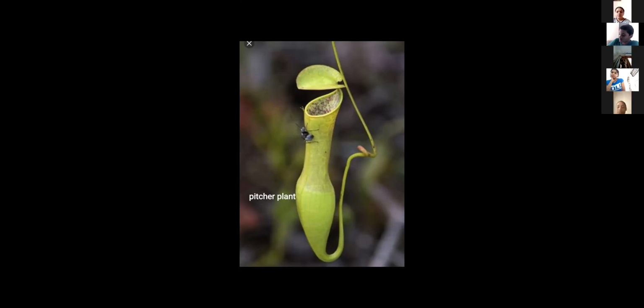So one example is the Venus flytrap, and the second example is the pitcher plant, Nepenthes. This type of structure is formed. See, here is the insect. Once this insect enters, a lid-like structure is formed. This lid will close the pitcher. And inside the pitcher, again like the Venus flytrap, digestive glands and mucus glands provide stickiness.